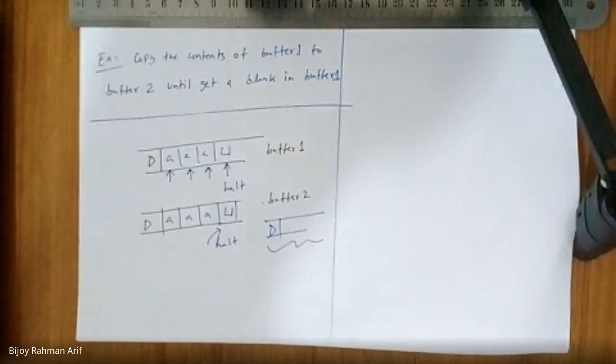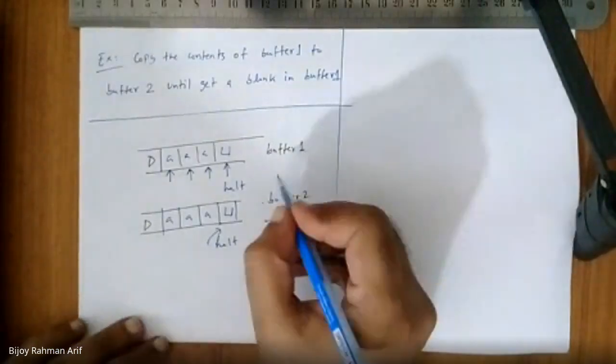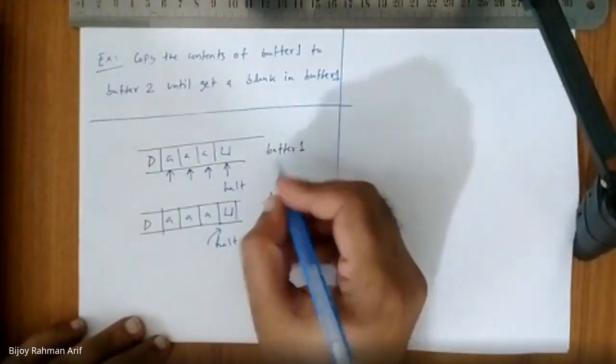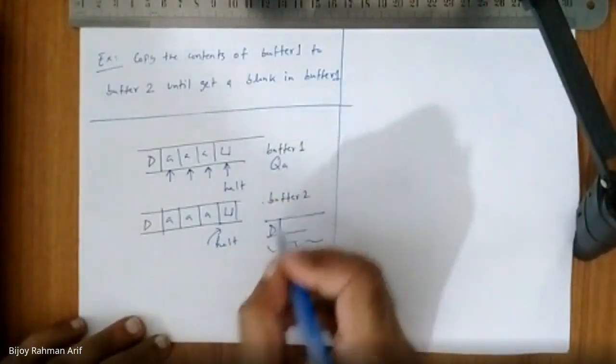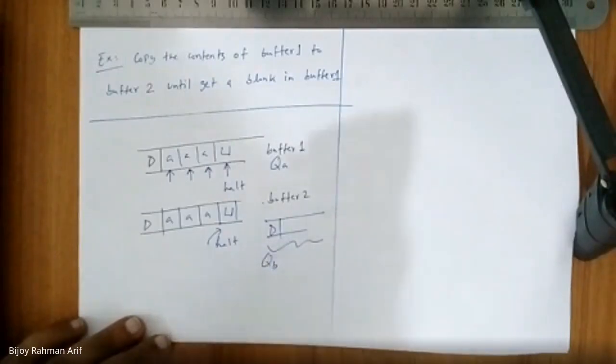How can you solve this problem? Tell me. Let's assume my state in buffer 1 is QA, and the state in buffer 2 is QB. How can you do that?